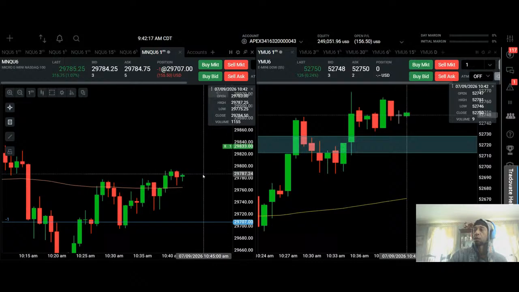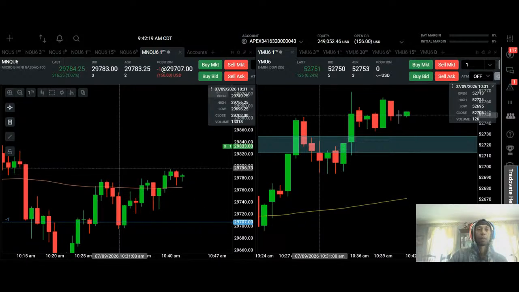Let's see if they want to let this hold, because they're definitely making me interested in buys right here. This candle right here, 1038. But in order for that to happen, I would like to see this candle go above that box and actually stop me out. Because if this is the play, it's going to come back down and sweep the 1038 low on either ES, NQ, or YM.